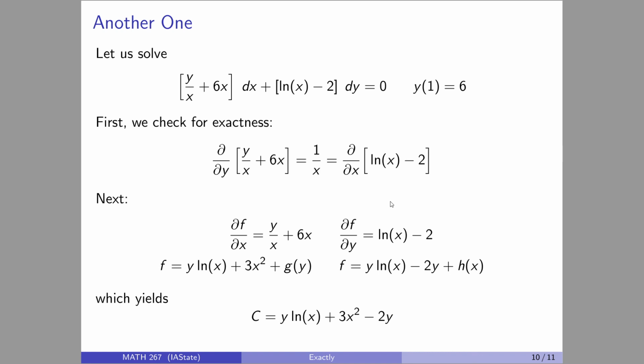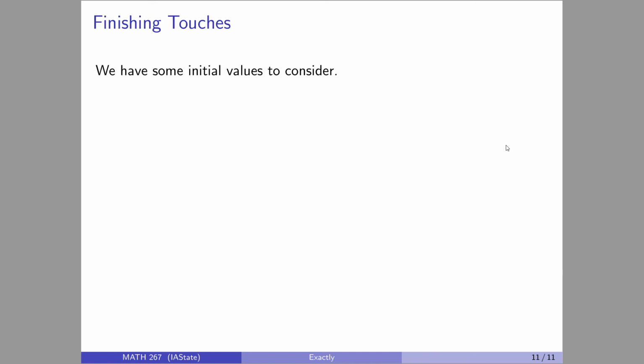Now, am I done? Not exactly. I have an initial value problem here, so I got to plug in that initial information. Now, how do I do that in this case? Remember, when we say y of 1 equals 6, what we mean is that the solution to my differential equation will pass through the point x equals 1, y equals 6.